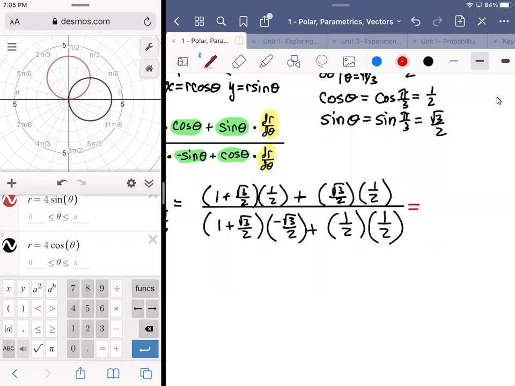I'm going to multiply through with the 1/2. So I'm looking at 1/2 plus rad 3 over 4 plus another rad 3 over 4. And on the bottom, negative rad 3 over 2 minus, so the two rads are going to cancel each other out, so minus 3/4 plus 1/4.